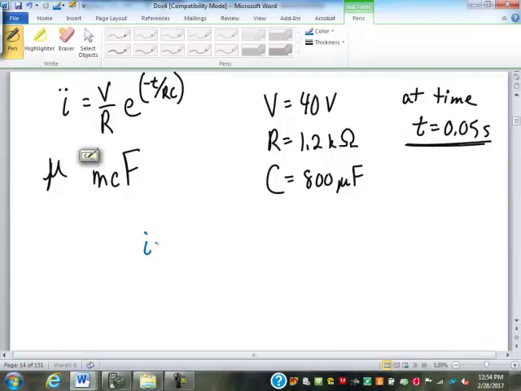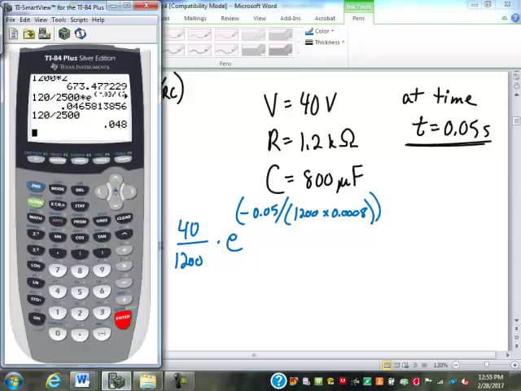So I equals 40 over 1200 times e to the negative 0.05 divided by... Okay, perfect. So let's enter this.